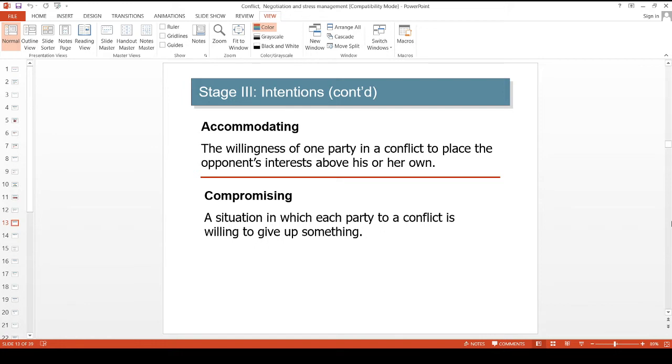There is no clear winner or loser in this situation, and the solution provides incomplete satisfaction of both parties' concerns. In the compromising situation, an in-between solution will be reached, which may be acceptable to both parties. We cannot say that one party is the winner and the other the loser, but this will be a sort of win-win situation in which both parties will win something and both parties will also lose something. So this intention is termed a compromising approach.